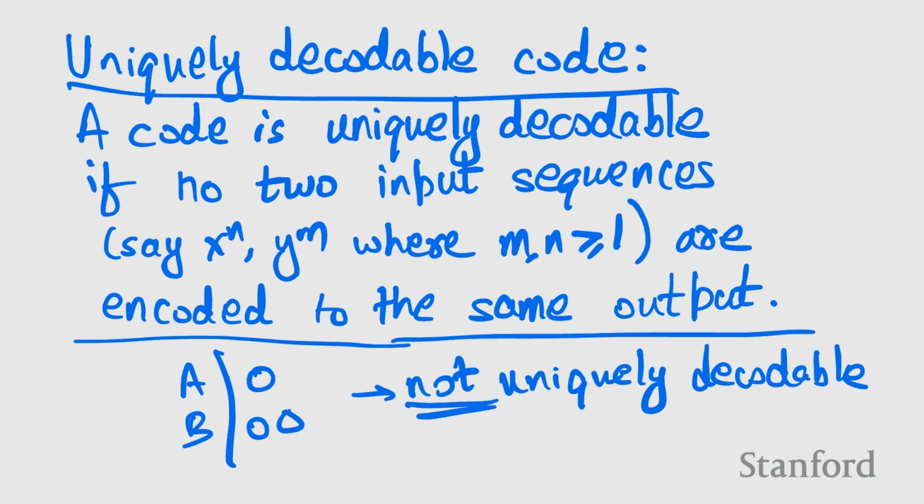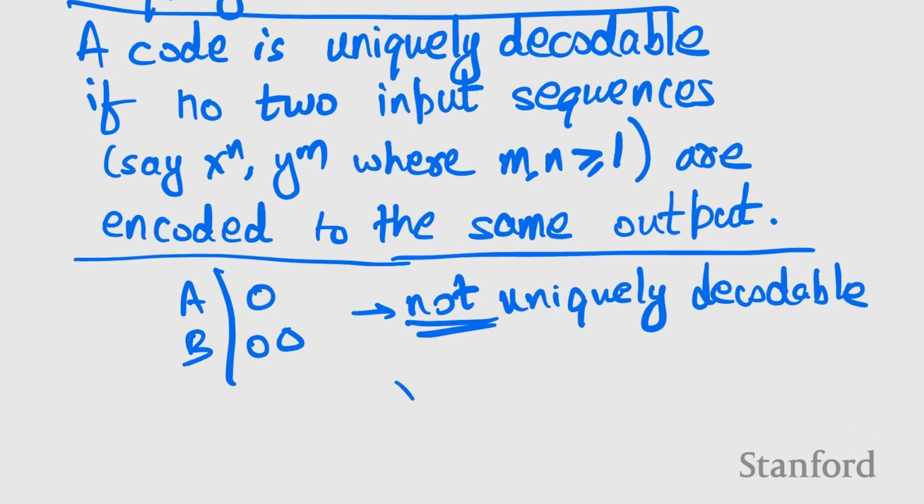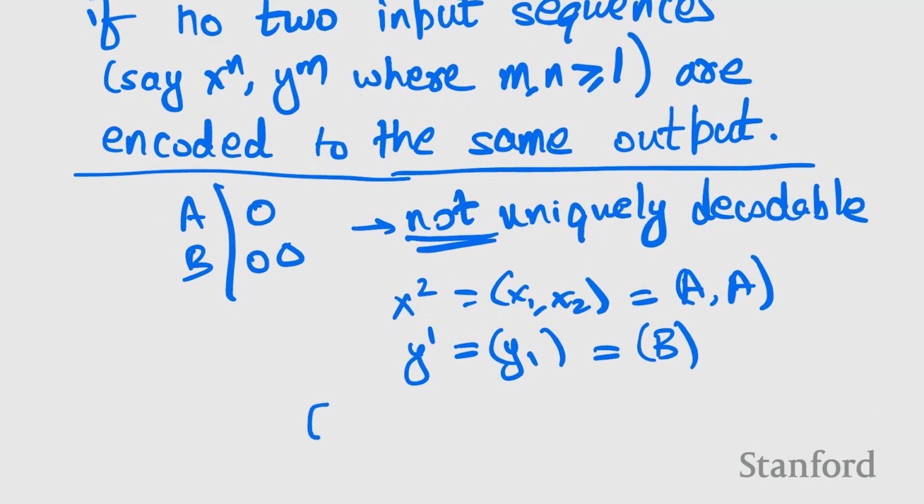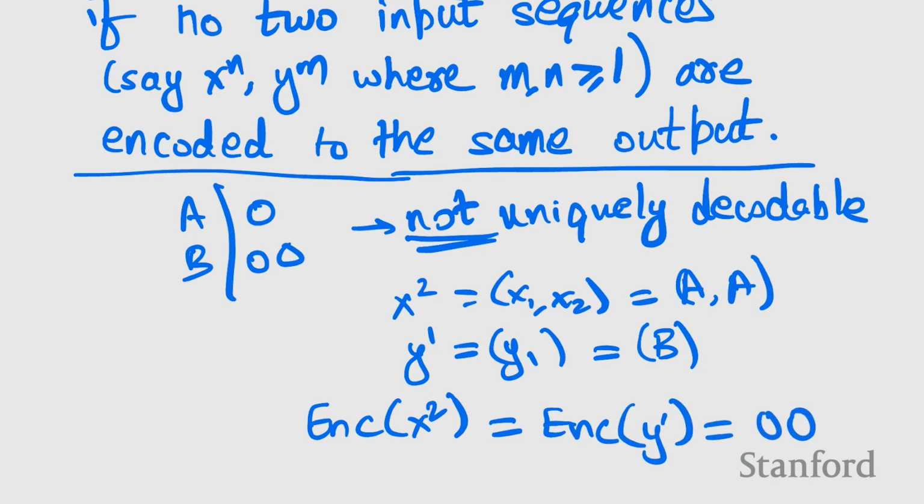If we were to give an example, if you take x2, which is a two tuple, x1 comma x2, which is a comma a, or you take y1, which is just a single input, which is b, then you can see that the encoding of x2 is the same as the encoding of y1, which is 0 0. Yeah, so that's what we meant.